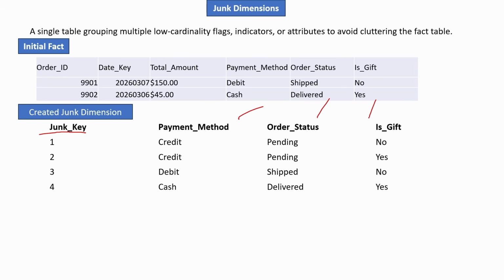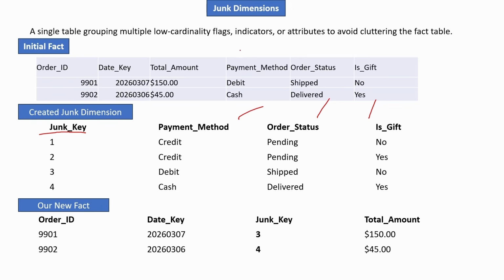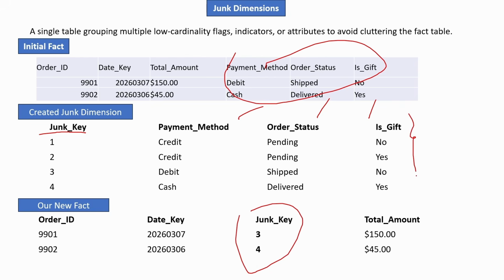Now I will tweak my fact, and instead of these three columns, I will only add the junk key which references this table. So this is how we can create a junk dimension. These are very helpful in improving performance and keeping the model very clean.